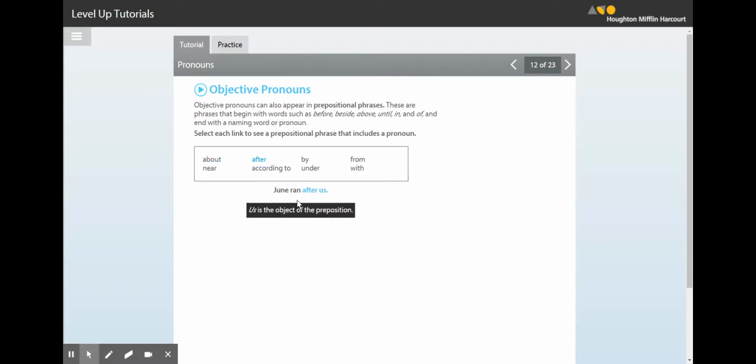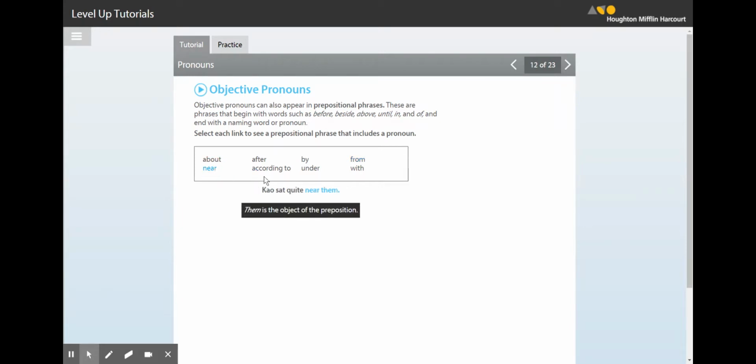After. June ran after us. Us is the object of the preposition. By. The article by him was interesting. Him is the object of the preposition. From. Take the hammer from her. So her is the object of the preposition.